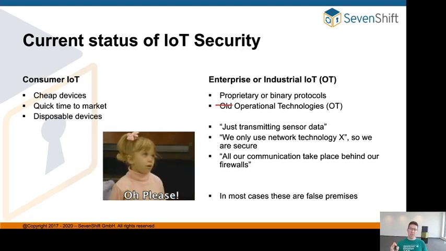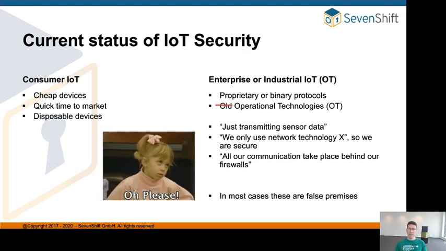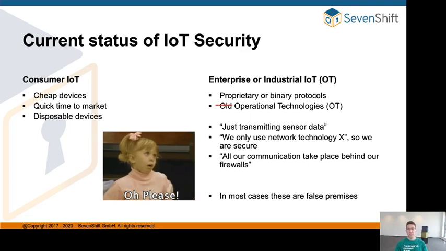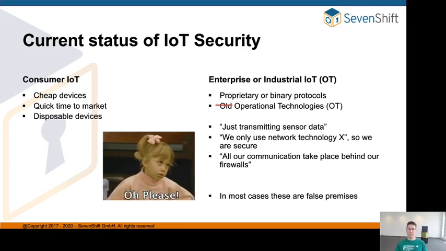In industrial IoT or enterprise IoT, we're going to see lots of binary and proprietary protocols in place, which happens because of how these things have evolved, especially with old technology or operational technologies, where these things were developed with serial lines that went all the way in there.